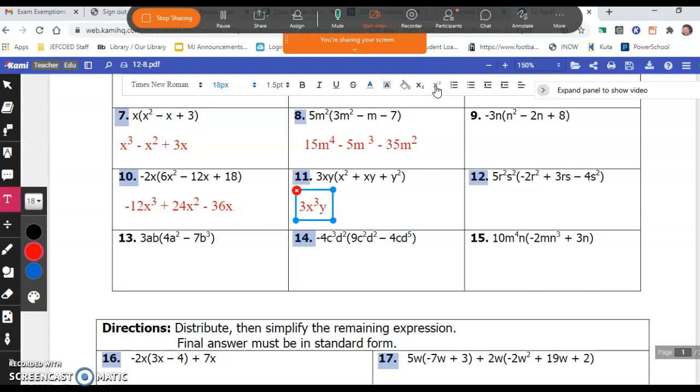Okay, now we'll distribute it to the xy. So it'll stay plus 3. X will be what? X squared. And y will be y squared. Yep. And then we look at the last one. Now we distribute the 3xy to the y squared. It'll stay a positive 3. X will stay x. And y times y squared will be y to the third.